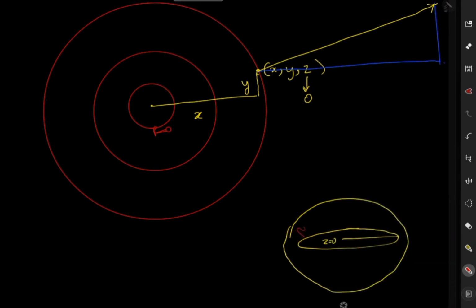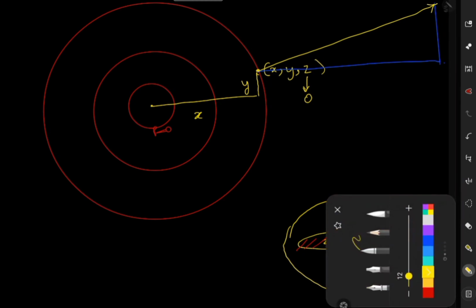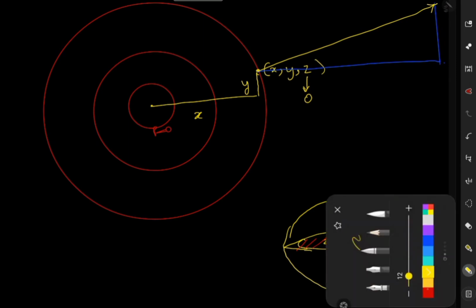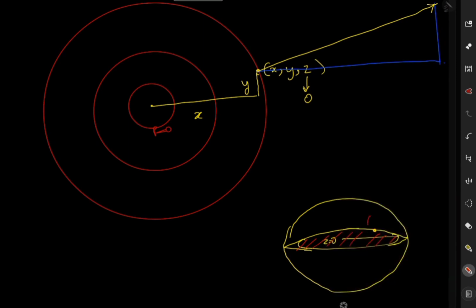We are in this disk. Then z is equal to 0. There is some coordinate x, y, 0. So this will be our direction.